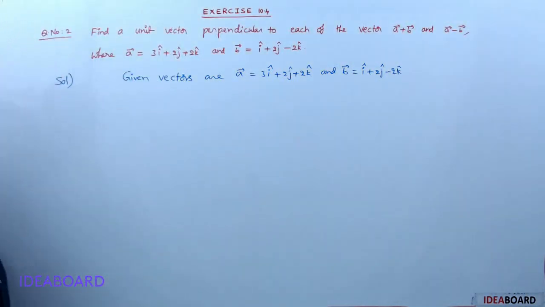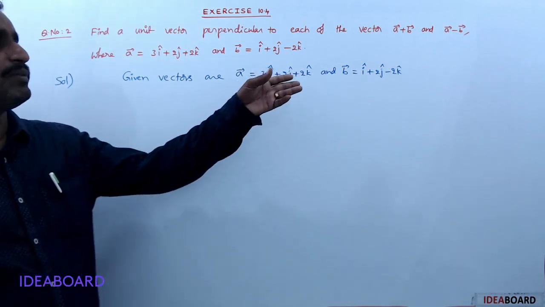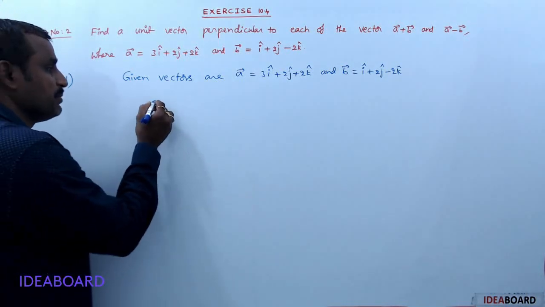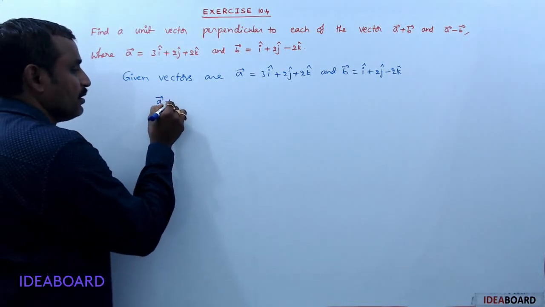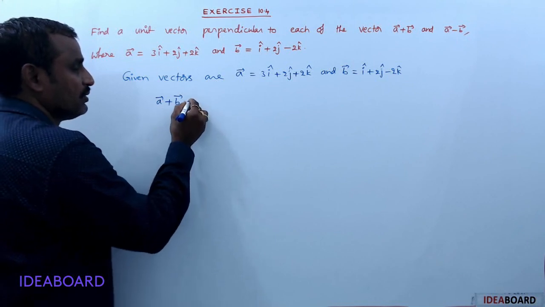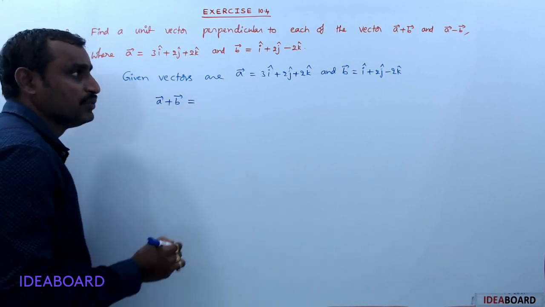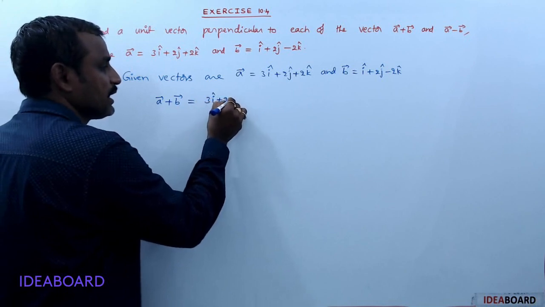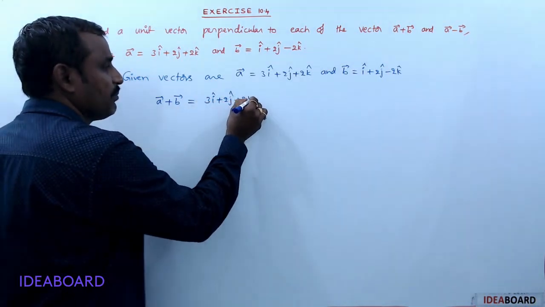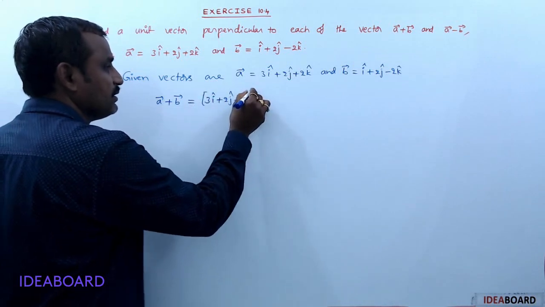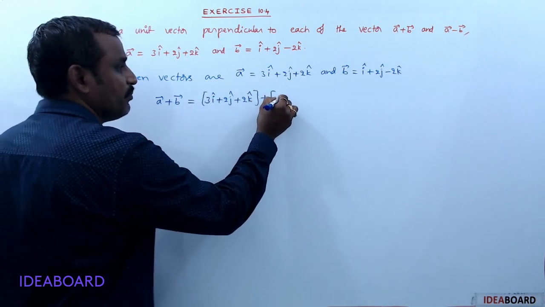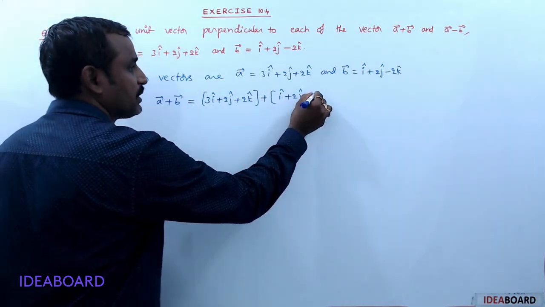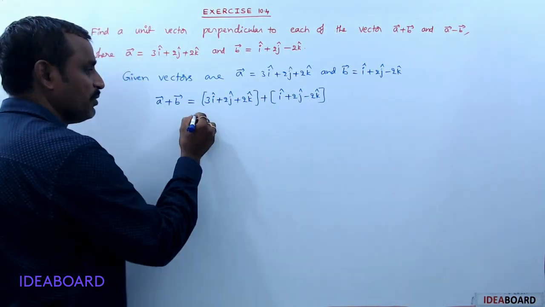Now we will calculate a bar plus b bar and a bar minus b bar. a bar plus b bar is equal to adding these two vectors: 3i cap plus 2j cap plus 2k cap adding with the vector b bar, i cap plus 2j cap minus 2k cap.